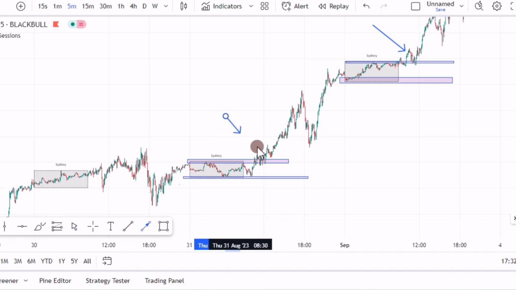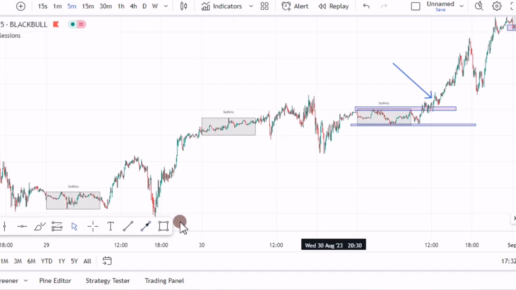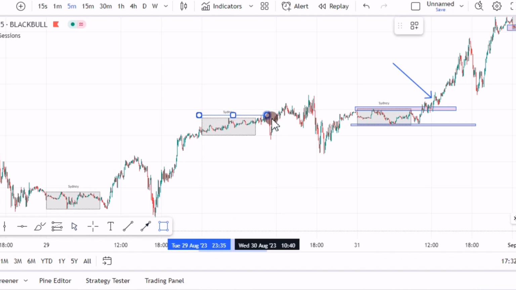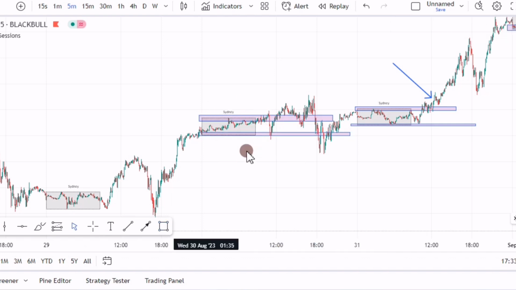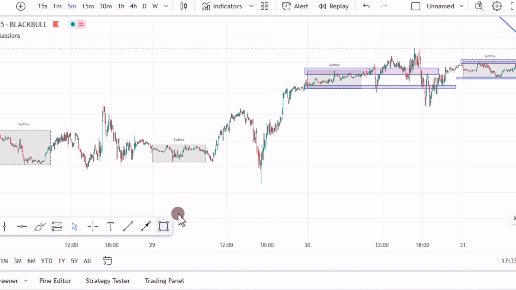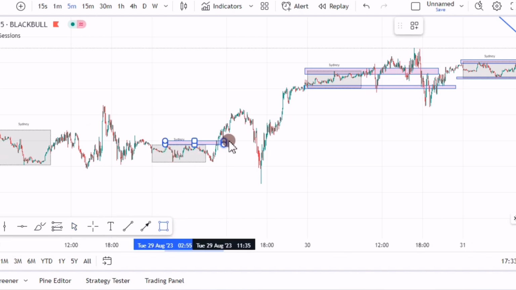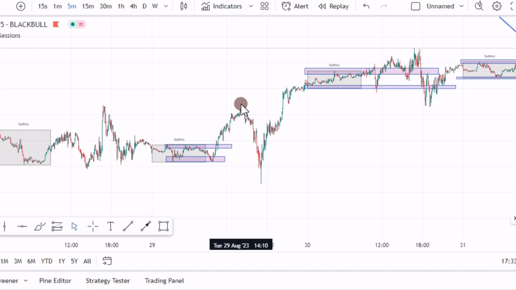When price closed above there, you could have taken a buy trade. So if you had this PDF some weeks ago, you could have been making money all along. This was a bad day, but right here you could have had a good trade, because price closed above and you had that move.